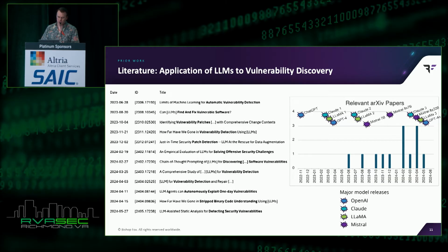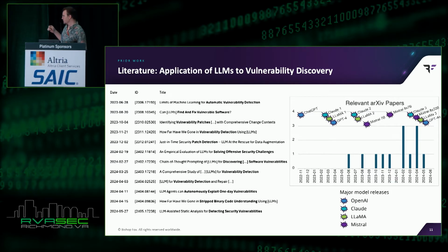And if you were to look on arXiv, that's a popular site for finding research papers relevant to some topic you're interested in, and you're looking for using LLMs for vuln discovery, you'll find these. There are a couple others, but I found these to be the most relevant. And I also plotted them according to date, along with major releases of various open and closed source large language models.